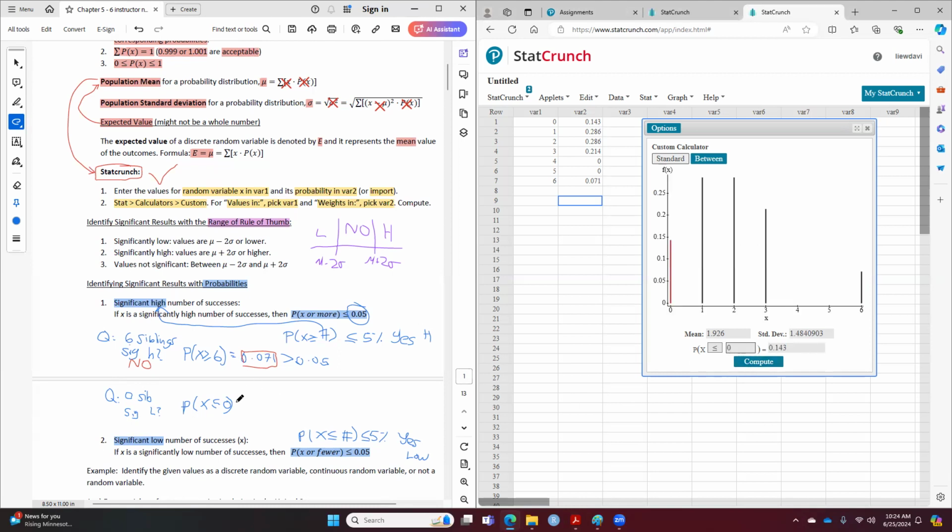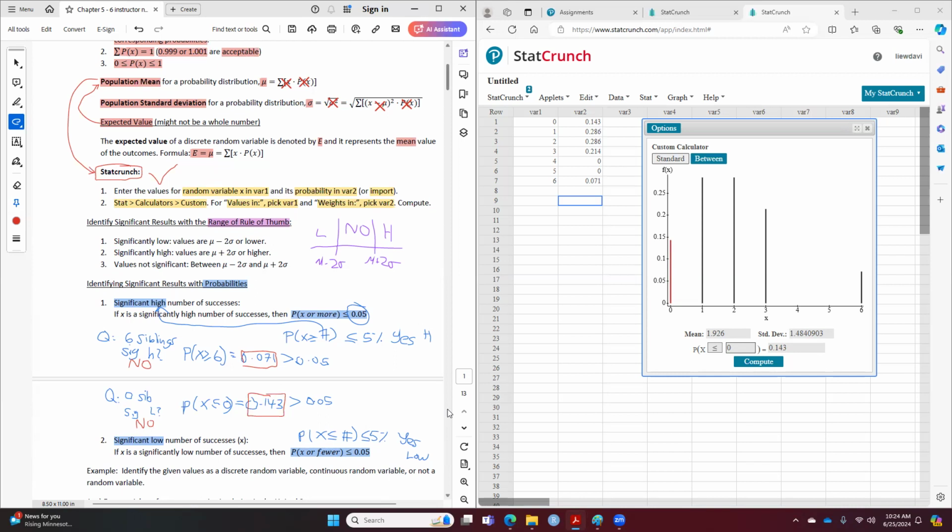And that is actually 0.143. Unfortunately, this is also more than 5%. Again, in order to be significantly low, it has to be 5% or less. Since this is more than 5%, the answer will be no.